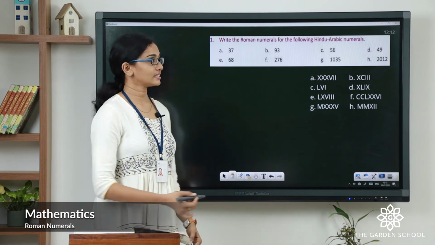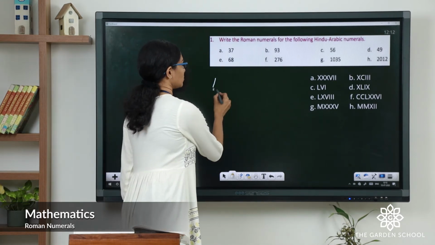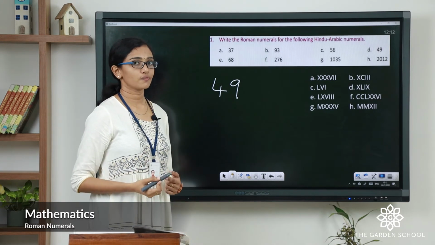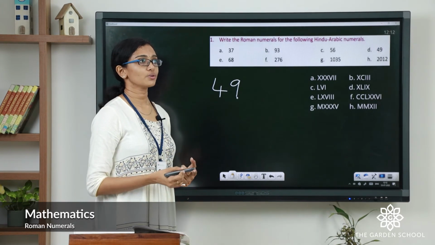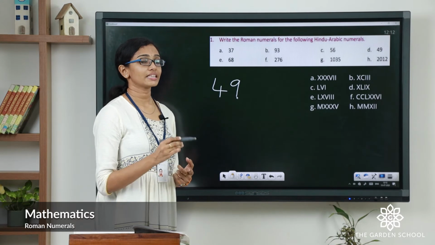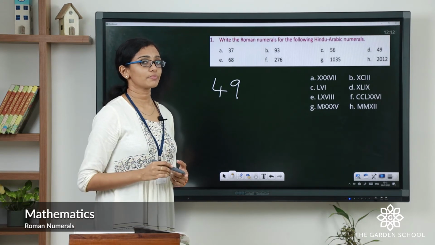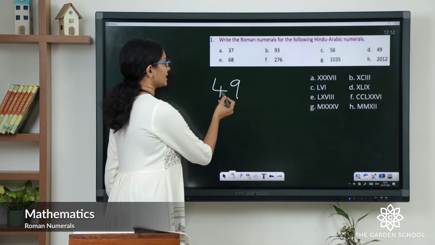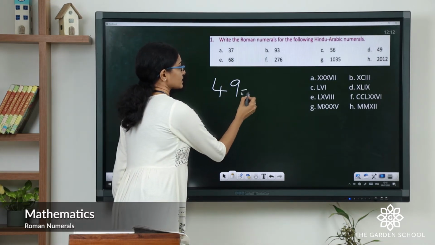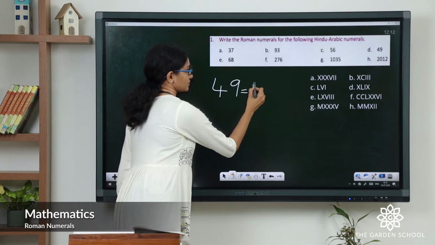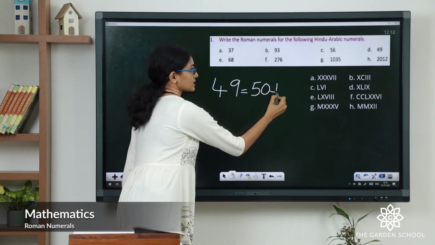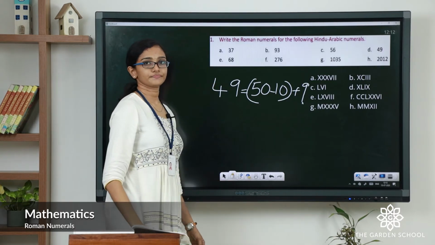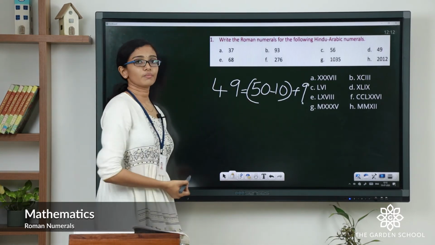Now let's see question D, 49. So how do we write 49? Do we have a symbol for 40? No, right? And also keep in mind that the symbol L cannot be subtracted from any other numerals. So with those things in mind, let's rewrite 49 as 50 minus 10 plus 9. Okay. So what is the symbol for 50?